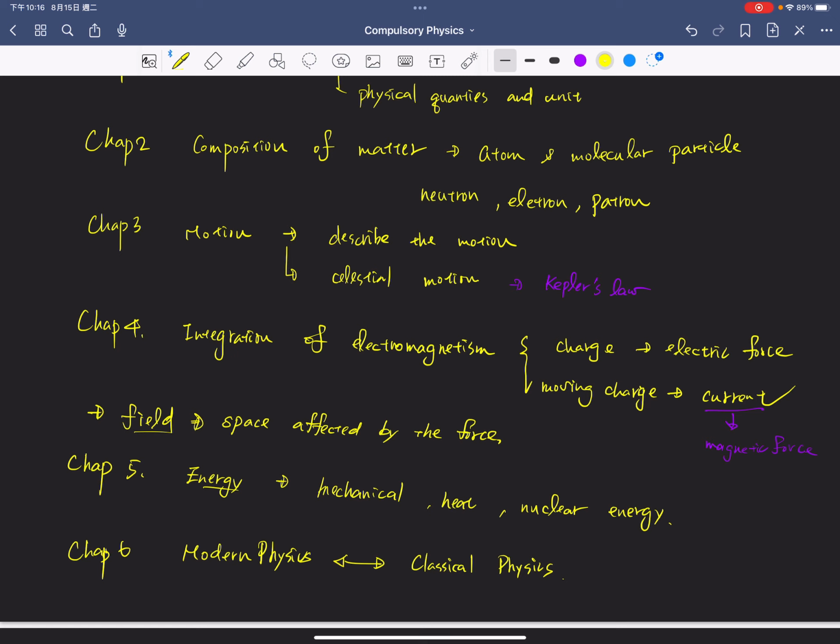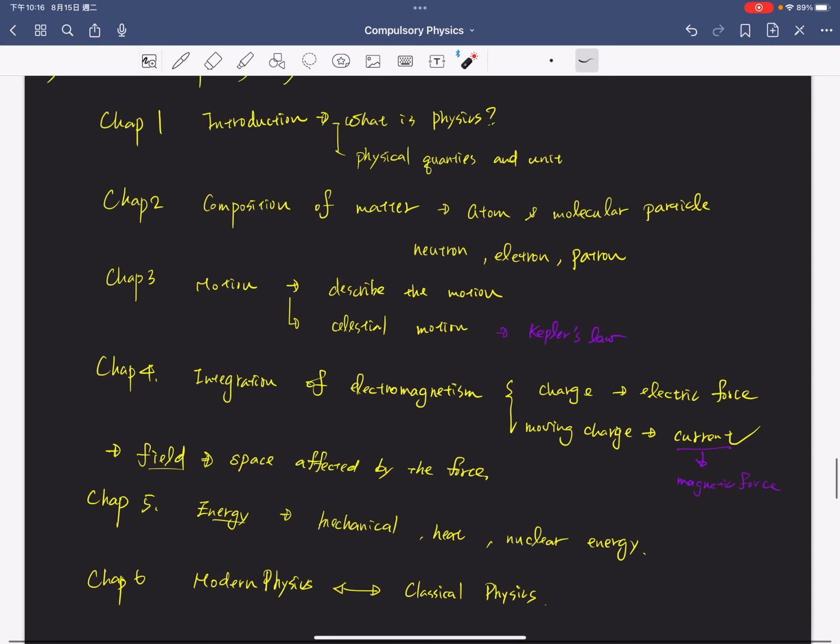Classical physics is more appropriate for planets and other things we can observe with the naked eye.